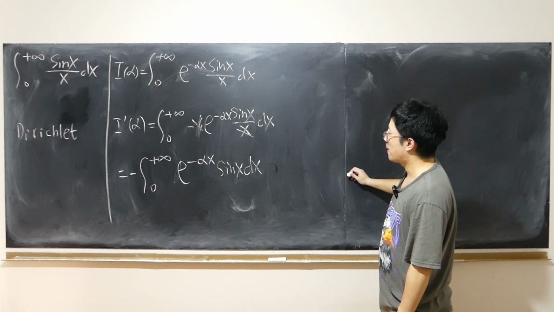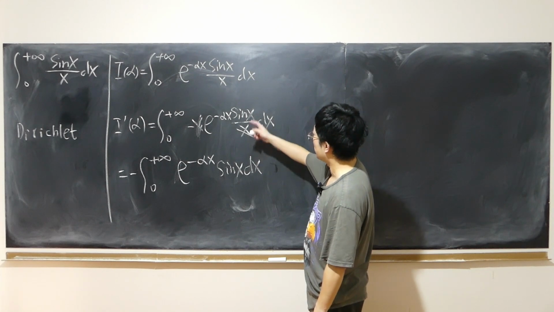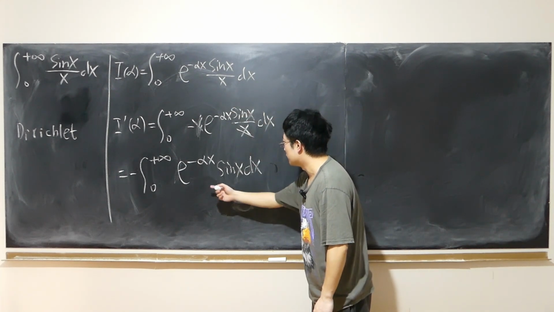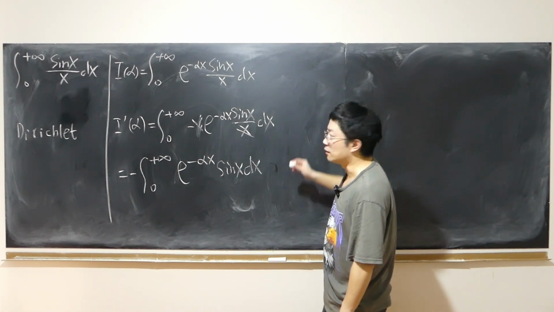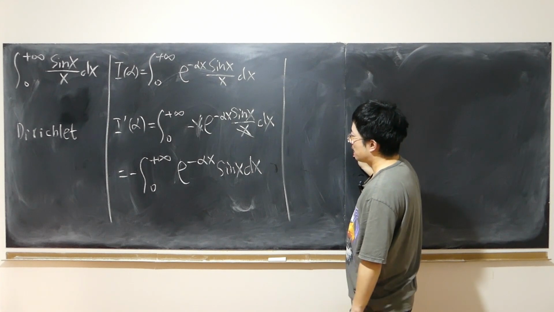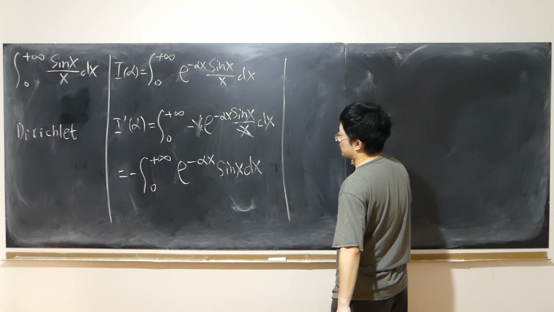Also, the benefit is that x down the bottom is gone. That's what's causing the trouble. Now we can just easily integrate this relatively easy integral. That's the whole benefit.